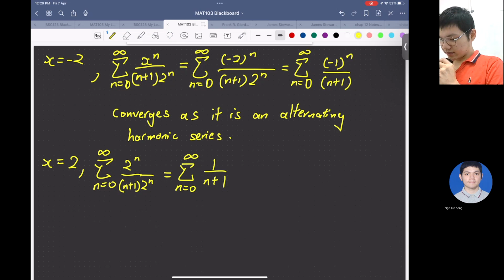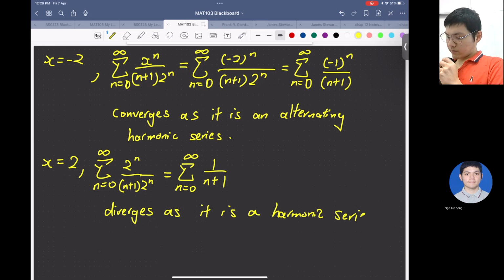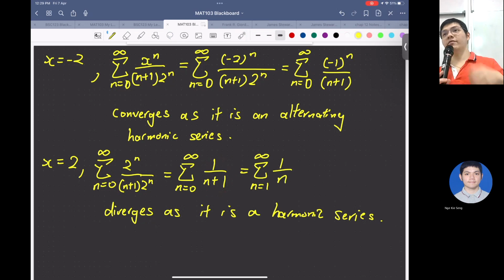So this diverges, as it is a harmonic series. If you care about the labeling, you can also change the starting index so that it looks like the harmonic series we started with. But they really represent the same series. It's a matter of labeling.